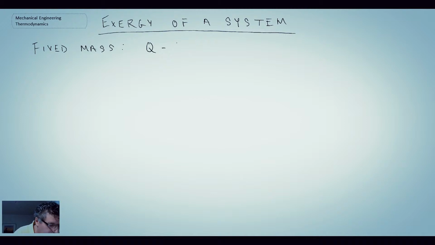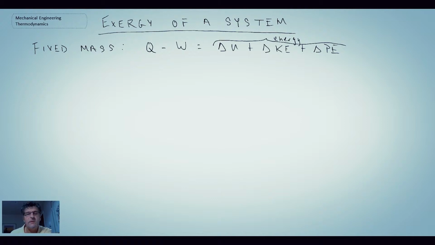And writing out the first law, we see that we have our energy over on the right hand side. And we were saying that there was exergy associated with the different forms of energy.